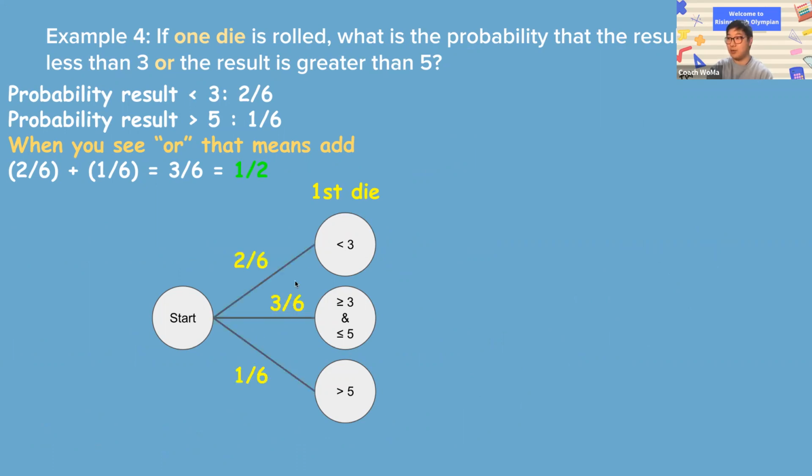So there's a 2/6 chance of getting here, 1/6 chance of getting to the greater than 5, and then 3/6 chance of being in this middle, right? And when we're saying or, we want to add the probabilities that we're interested in, which is either less than 3 or greater than 5. So that is these two possibilities here. And by adding that, we get 3/6.